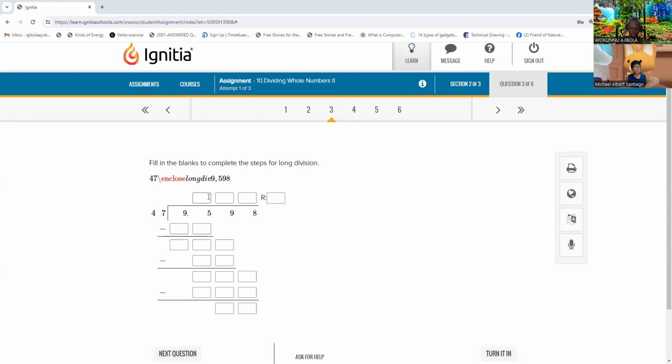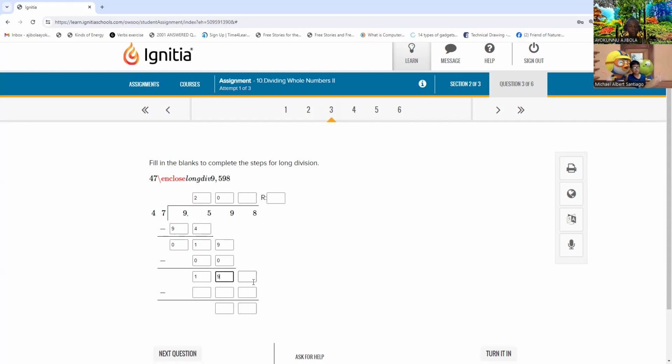So that's 2. Is that clear? Yes. So 95 minus 94 gives us 1. Then you bring down the next digit, which is 9. Can 47 divide 19? No, that's a 0.